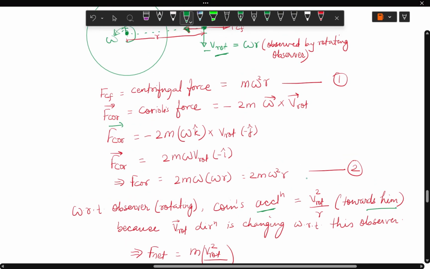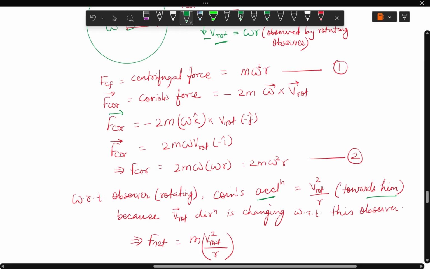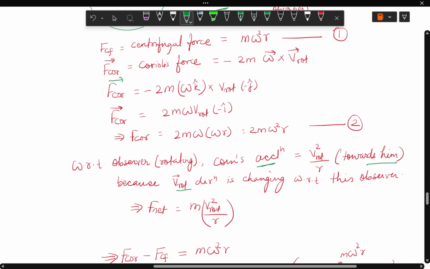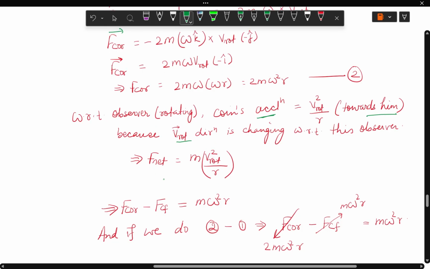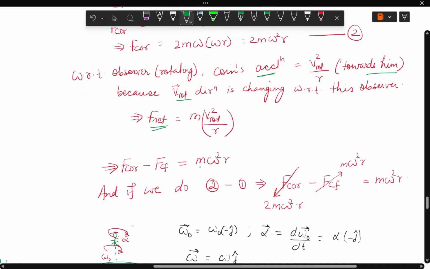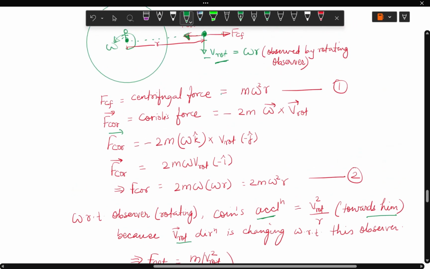That centripetal acceleration he will be seeing, towards him, because of this change of direction of VROT. So what will be the acceleration? V square by r he will be seeing, so VROT square upon r, because VROT is changing its direction with respect to that observer. So net force is equal to mass times acceleration with respect to him, which is VROT square by r. So what are the net forces from the FBD?